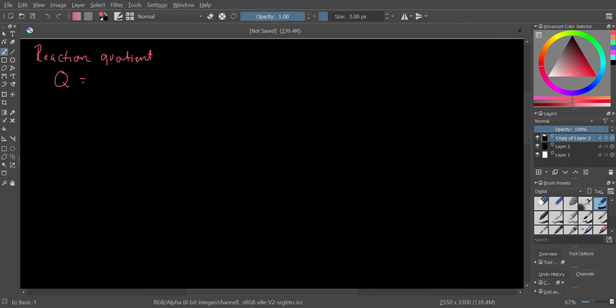And the bare bones formula for Q is products over reactants. Which, if it looks familiar, it should, because it's essentially the same formula as K, because this is also products over reactants.